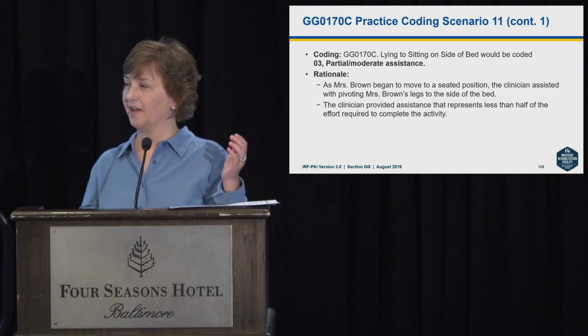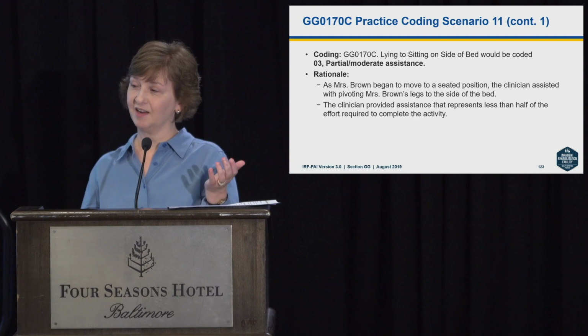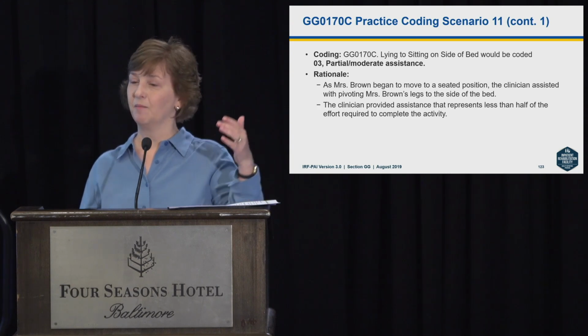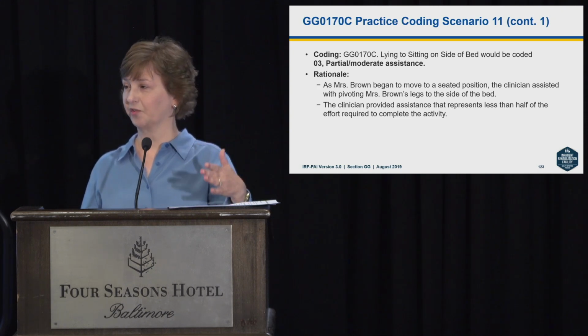So again, the level 4, as Manisha covered, is about touching, steadying assistance, perhaps some verbal, but once you provide lifting assistance, the code will be level 3 or below.